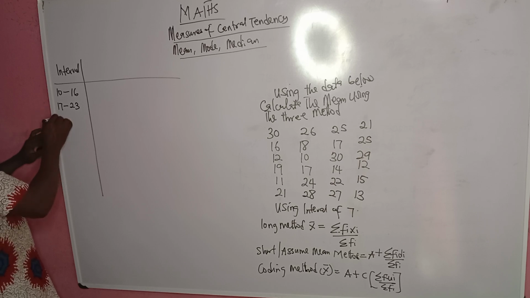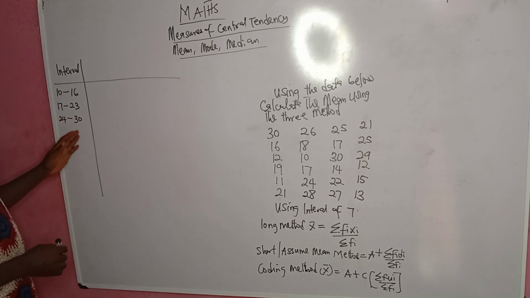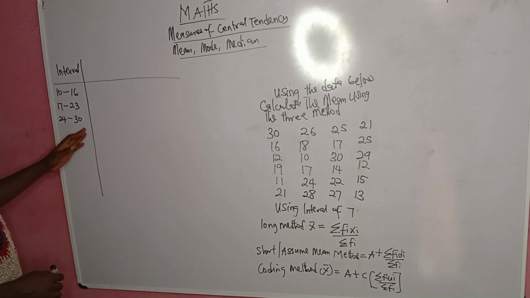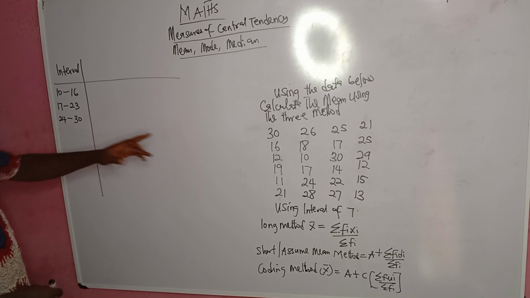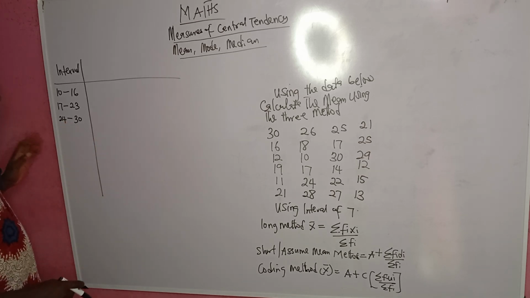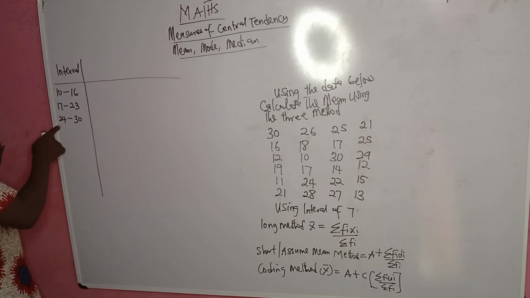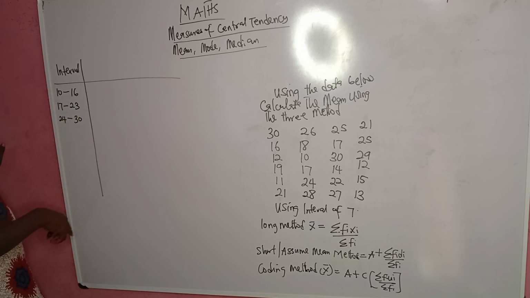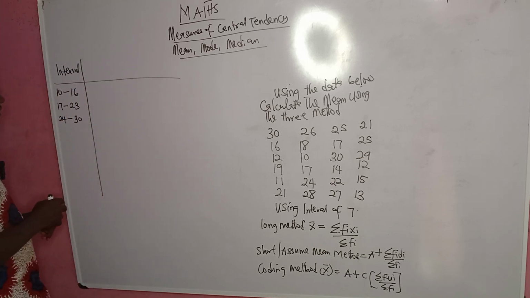After 23, 24 plus 6 is 30. If you watch, what we have here has covered the highest number, so we stop. If we still had 35, we would produce the next interval: after 30 the next number is 31, and adding 6 gives 37. You have to make sure all the numbers are covered before you proceed.